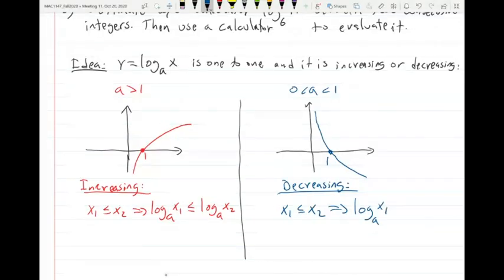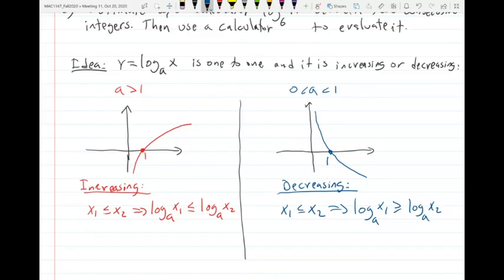The log flips the direction of the inequality. So log of x1 is greater than or equal to log of x2. This is really what it means to be a decreasing function: when you apply the function to the inputs, it flips the inequality. And increasing means that it respects the inequality.